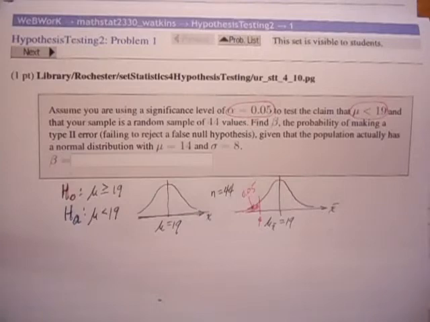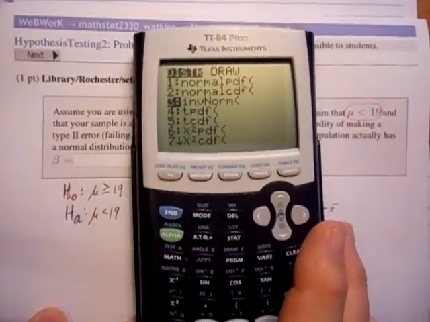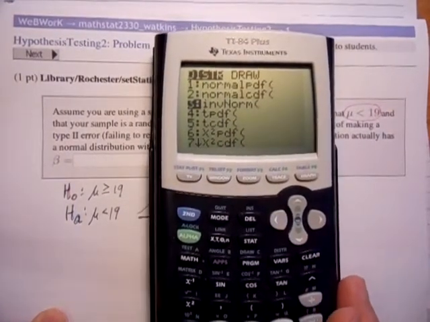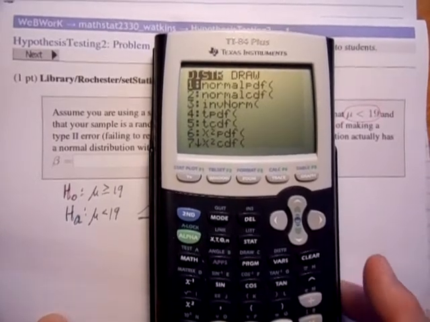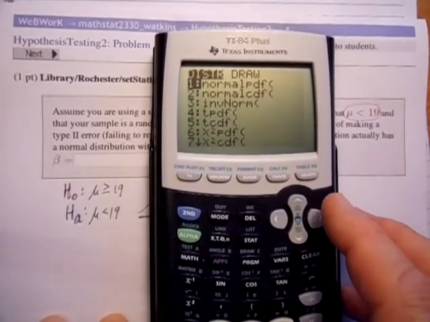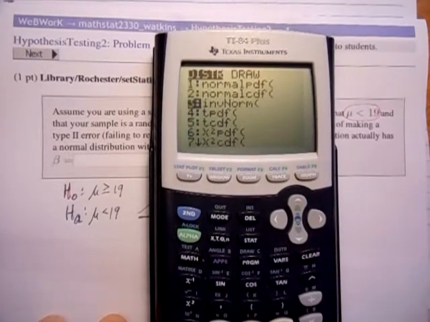If you remember, your calculator has an inverse norm. So let me put that here real quickly. I've already found it on the menu. Remember, it's in second distributions, and then you go down to this choice of inverse norm.